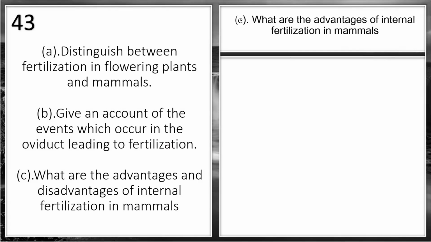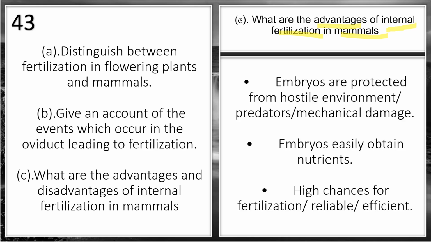Part C. What are the advantages of internal fertilization in mammals? Embryos are protected from hostile environment, predators, and mechanical damages. The embryos easily obtain nutrients.